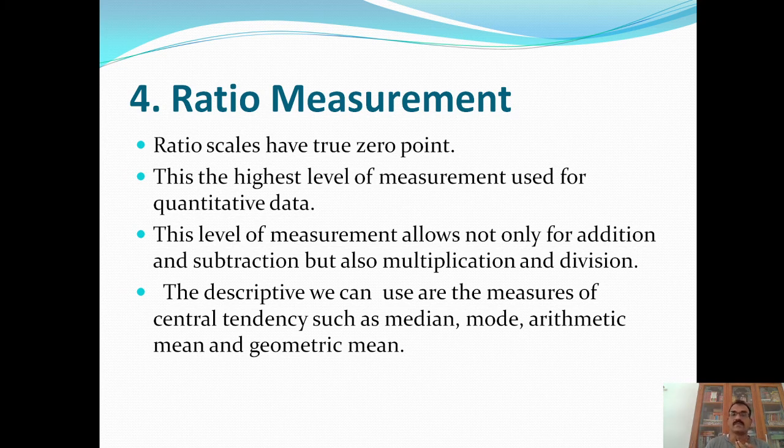This level of measurement allows not only for addition and subtraction, but also multiplication and division. The descriptive analyses we can use are the measures of central tendency such as median, mode, arithmetic mean and geometrical mean. All these descriptive analyses we can make.